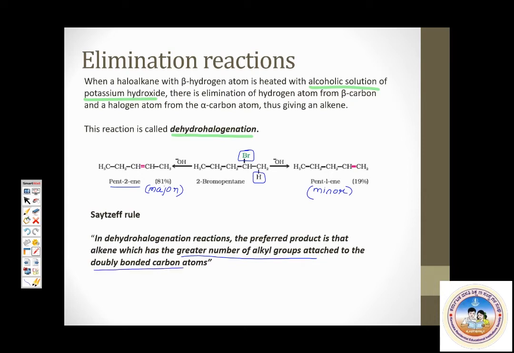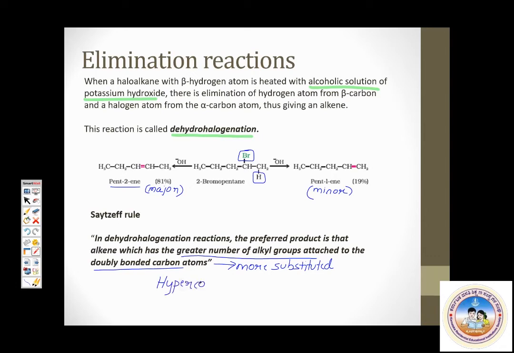The real reason behind Saytzeff's rule is the hyperconjugation concept. You all may remember hyperconjugation. This was in our first worksheet. That's the reason I told you the first chapter of organic chemistry in your first year is very important for you to understand your second year organic chemistry as well. See, same concepts keep coming in.